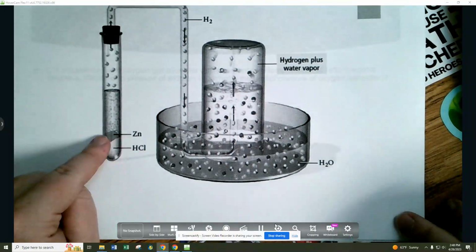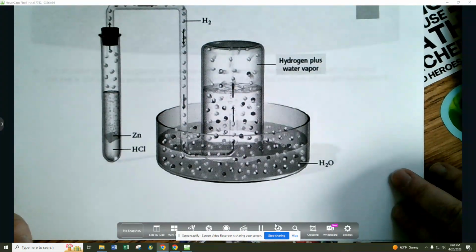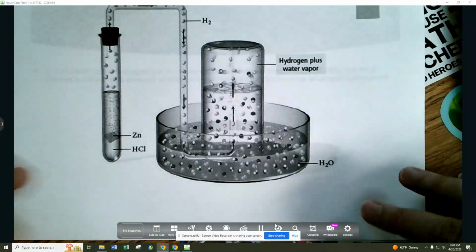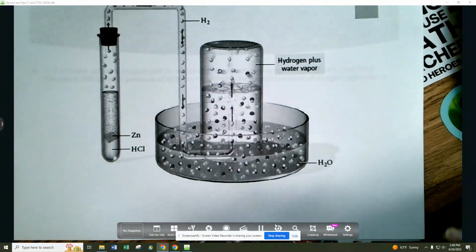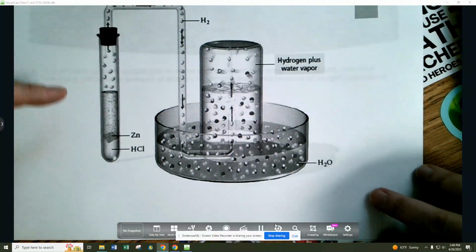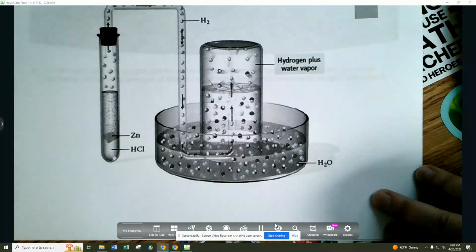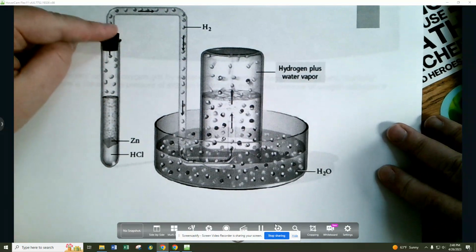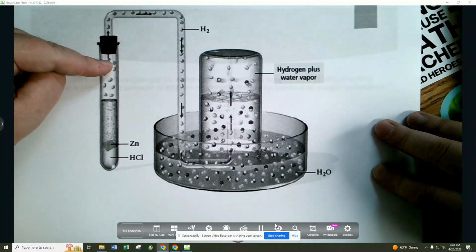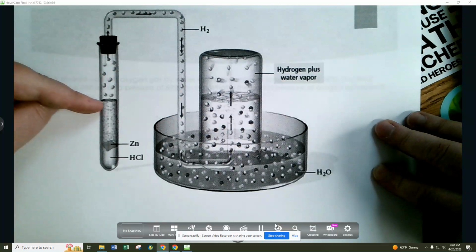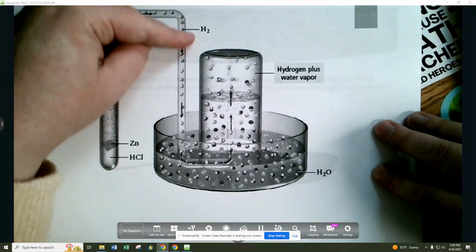So we're trying to figure out the pressure of the gas that you're collecting. The idea here is that you have zinc reacting with hydrochloric acid. For whatever reason, you're studying the zinc and hydrogen reaction, but whatever it may be, the premise here is that you're trying to collect the hydrogen gas. So they have a setup here with a piece of glass tubing that goes through this stopper and forces all of the hydrogen gas through this tubing.